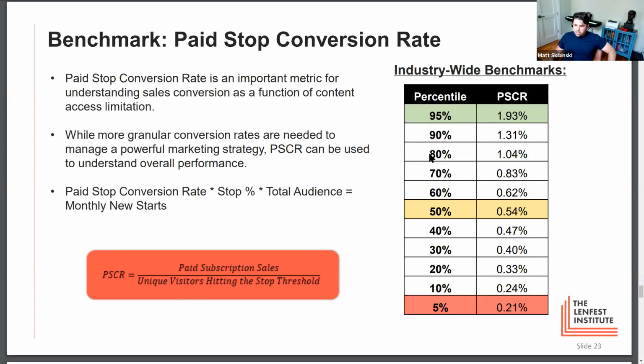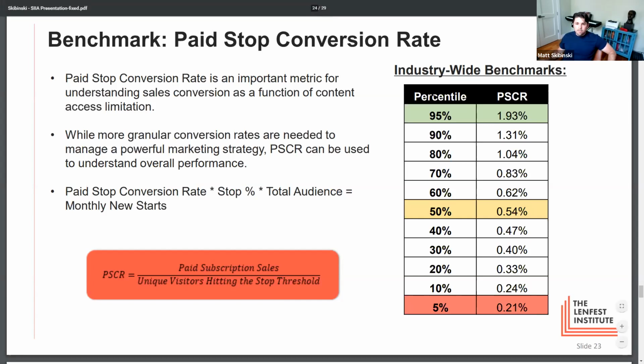Just a couple more slides and then we'll go to questions. This is a metric called paid stop conversion rate. This is a good way to measure whether people are actually seeing a lot of value in your content when they get stopped. Have you done your job in convincing them that this is something worth paying for? You'll see that the median, again, is around 0.5%.